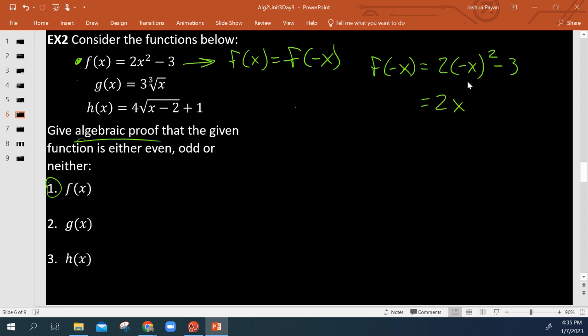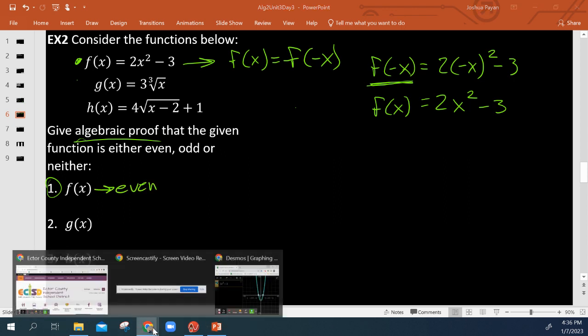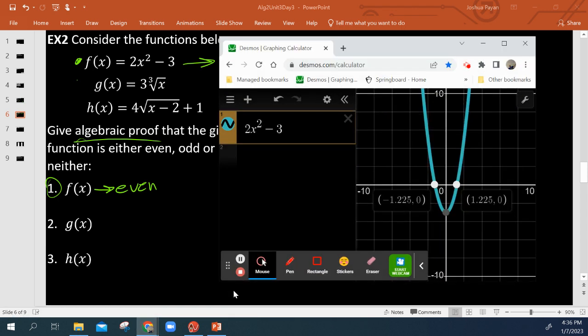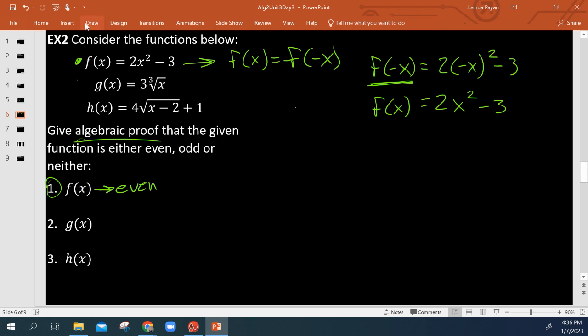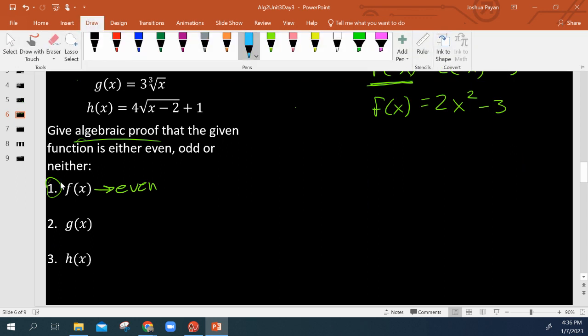So that leaves us with 2 times positive x squared minus 3. And we see that f of negative x and f of positive x are the same, and therefore this function is even. So we have algebraic and geometric proof. Okay? So moving on to our next example.